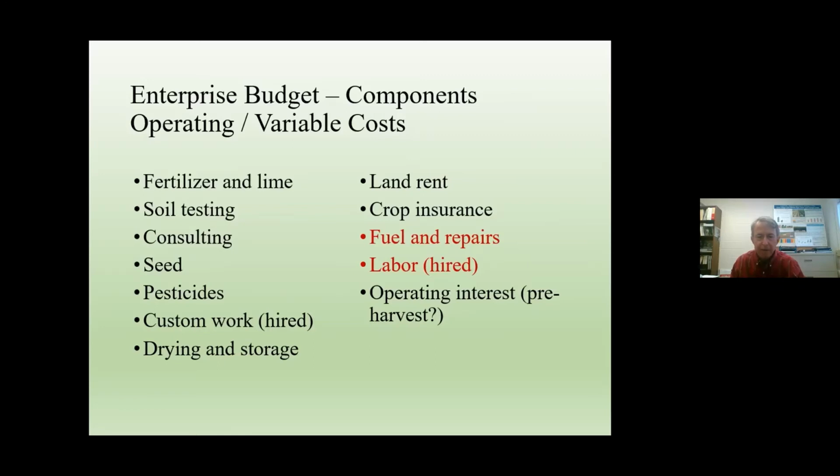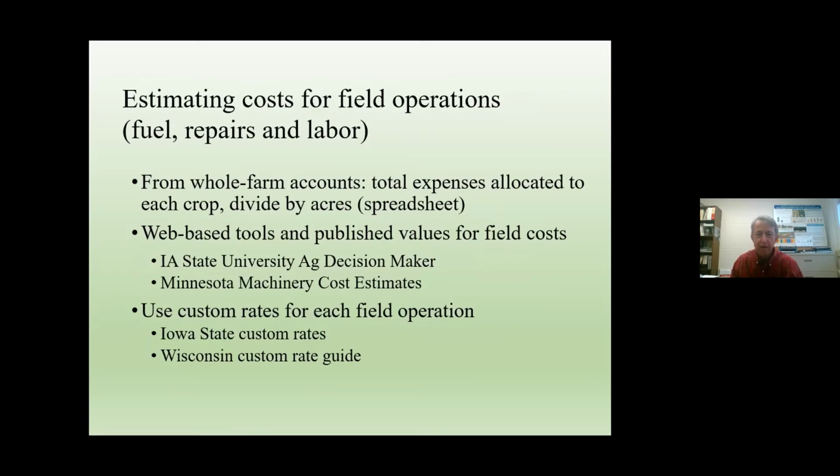Field operations in an enterprise budget get to be a little bit more complicated, because we have to figure out how much fuel and repair and labor we have for those on a per acre, per crop basis. There are different ways of doing that. We can maybe use our whole farm accounts, where we look at the total expenses for those items in a given year, and then make some assumptions about how to allocate them across each crop, divide by acres, and get the cost per acre that way.